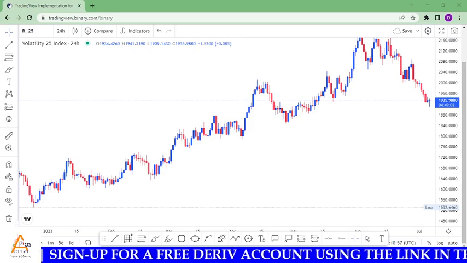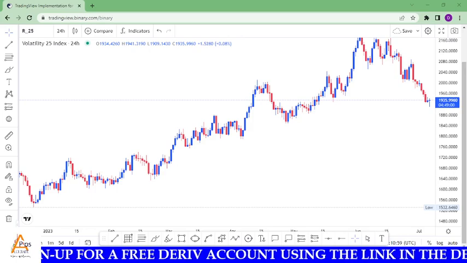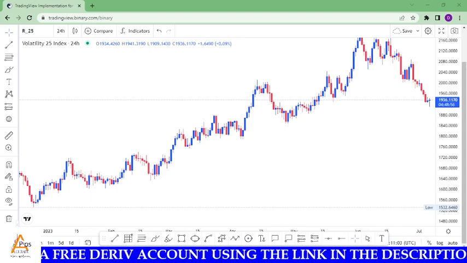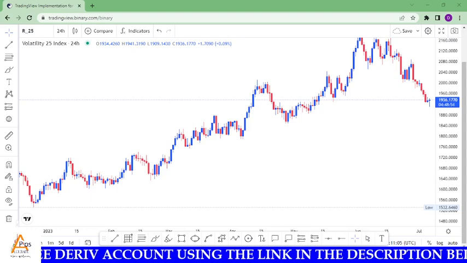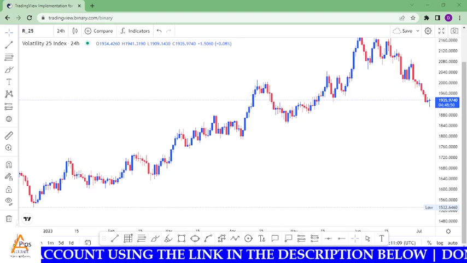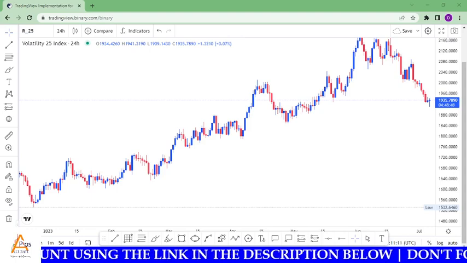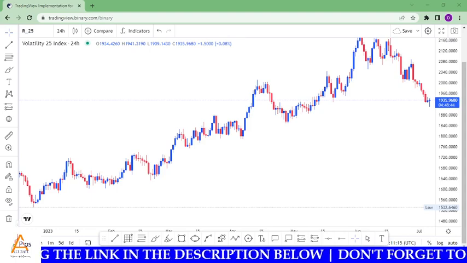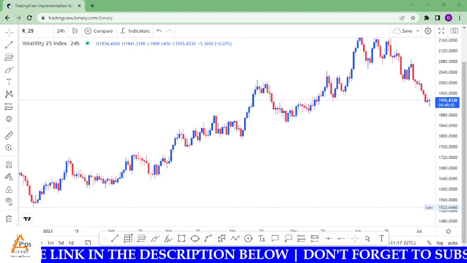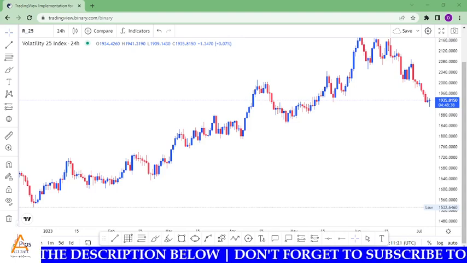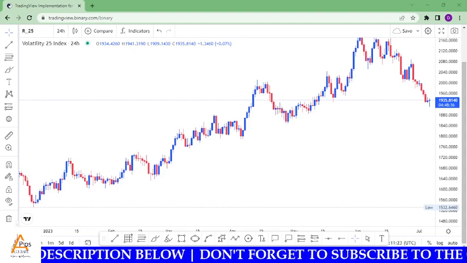I told you that when we are in a bearish market, we only confirm a pullback when the current candle takes the previous candle's high. When that happens in a bearish market, then that pullback is a valid pullback.